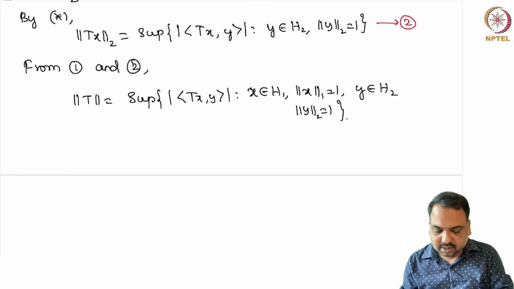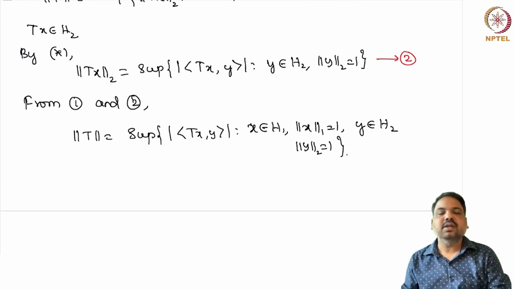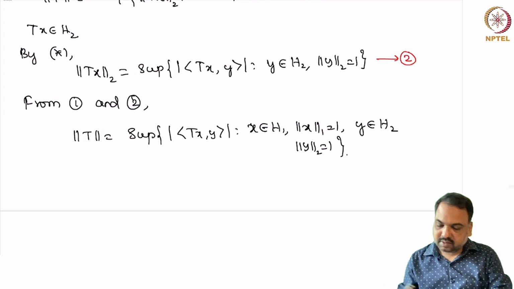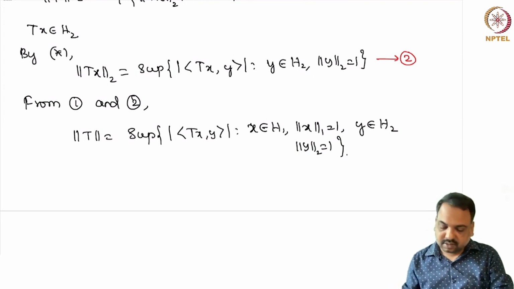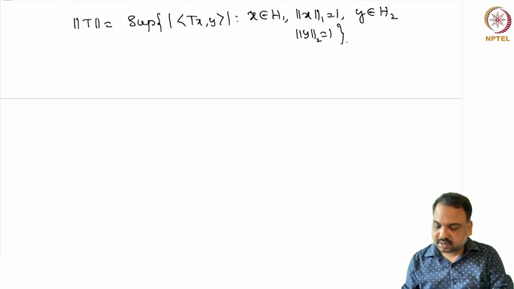So we can express the norm of an operator defined between two Hilbert spaces H1 and H2 in this way. This is one more formula for the norm of the operator, given in terms of the corresponding inner product.